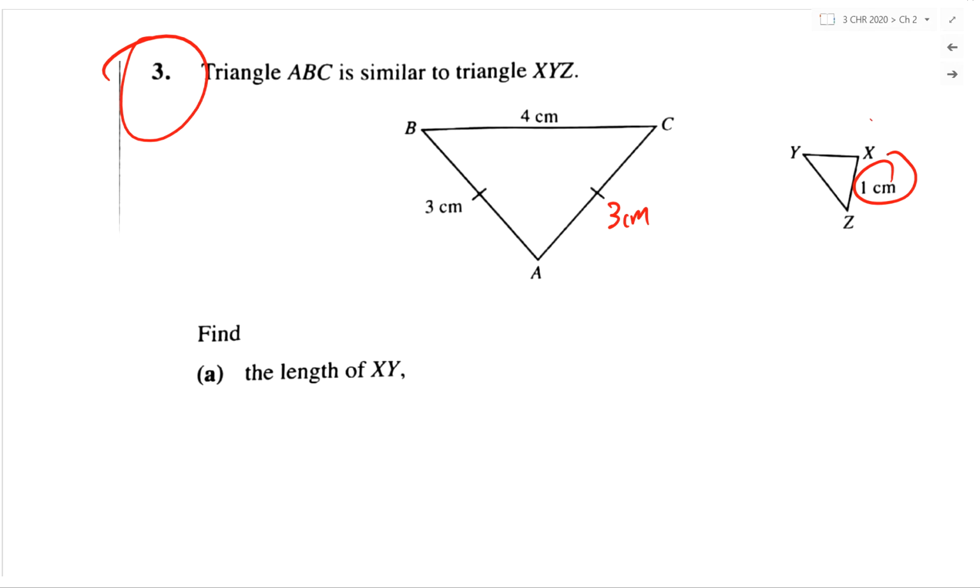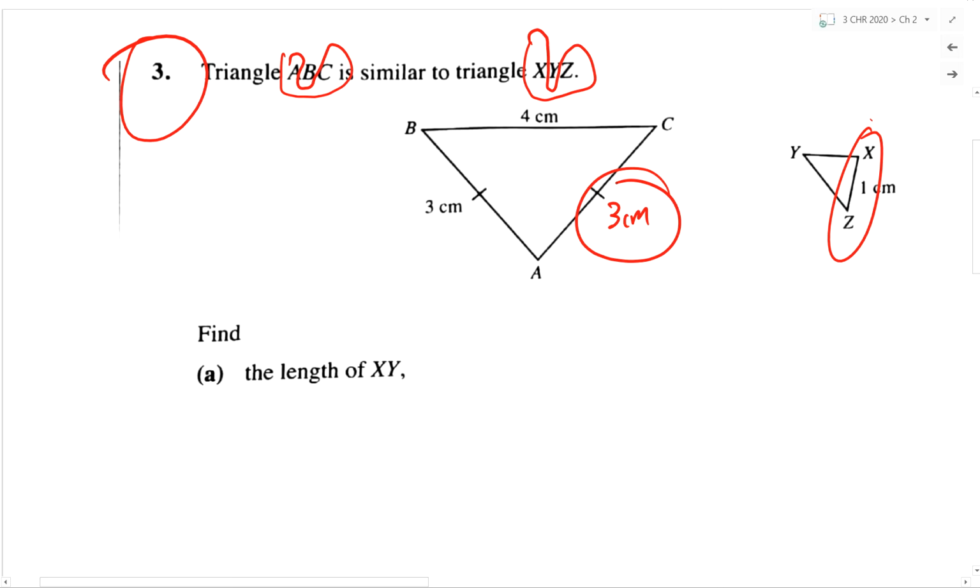How do we get 3 cm? Because XZ is found here. XZ corresponds to AC. Then AC, Yukiko gave our answer as 3 cm already.